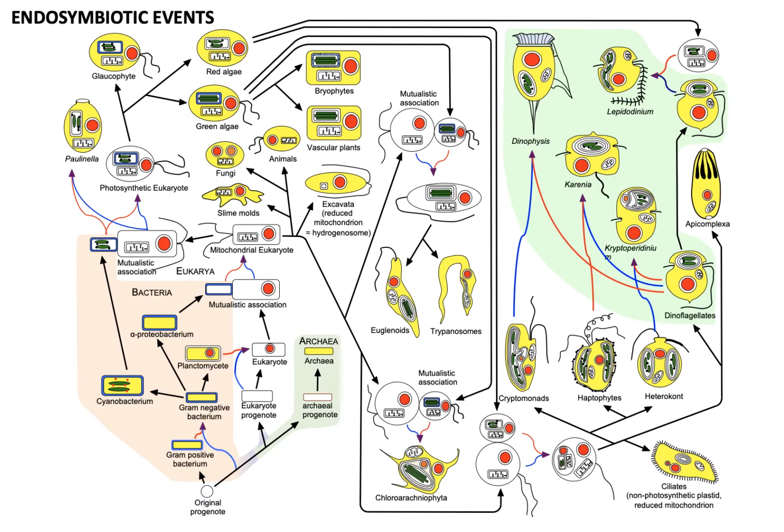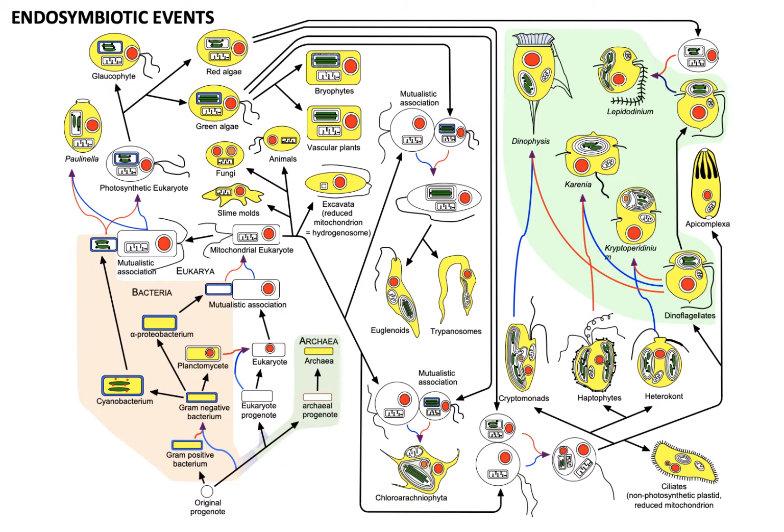This is a diagram from the book showing all of the known and suspected endosymbiotic events that have occurred that led to organelle development in the past several billion years of evolution.